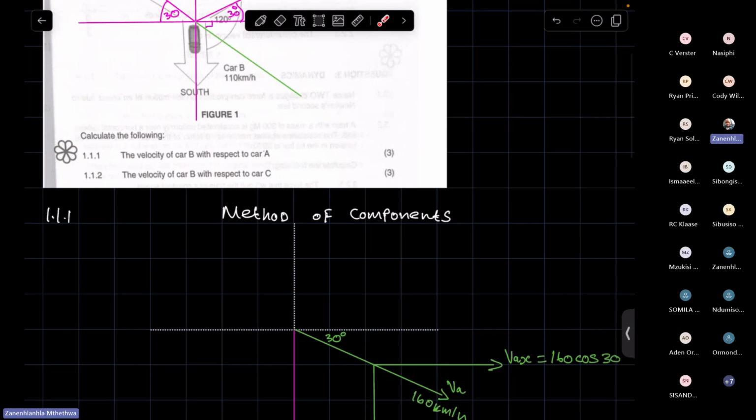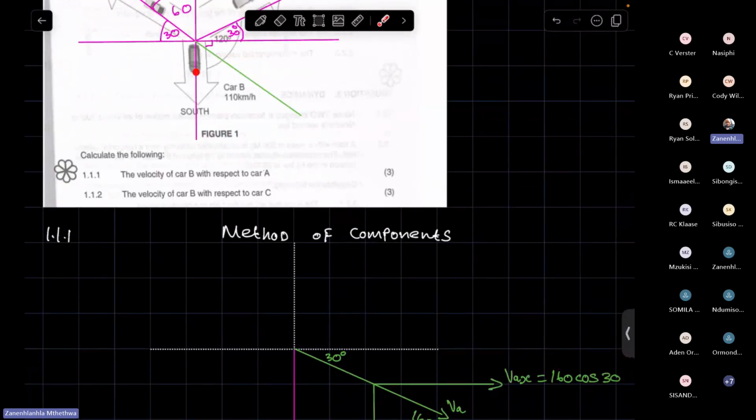It must be such that between the two objects, one we identify as the object, the other one we identify as the frame of reference. The one that we regard as our object, we draw in the same direction as the one that's been given on the diagram or on the problem statement.